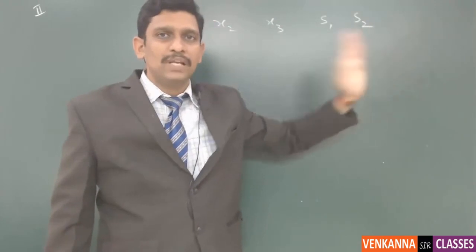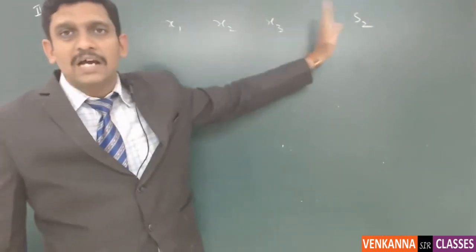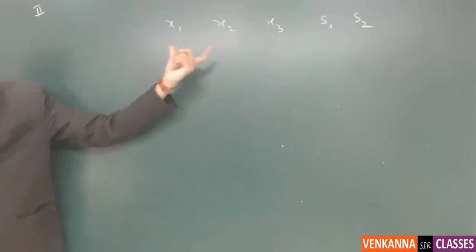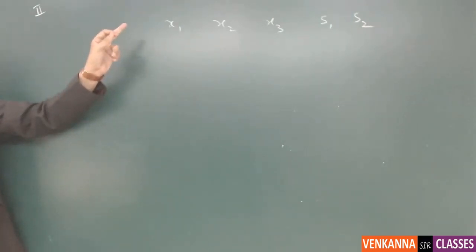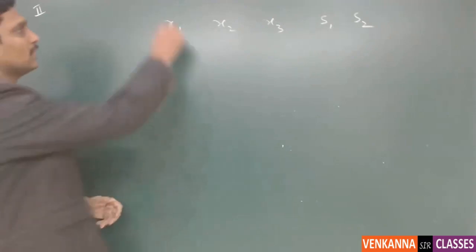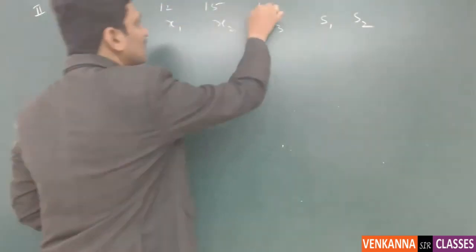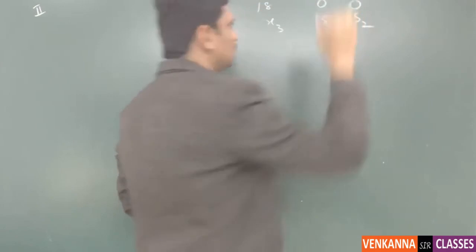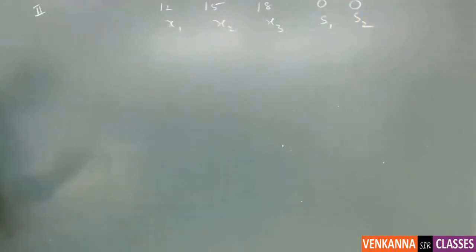We simply stick to the slack or surplus variables and the decision variables, and the original objective function values will be placed there. So 12, 15, 18, 0, 0. And what are the variables we are taking after replacement is done? X2, X3. The solution values will come as 18, 15.